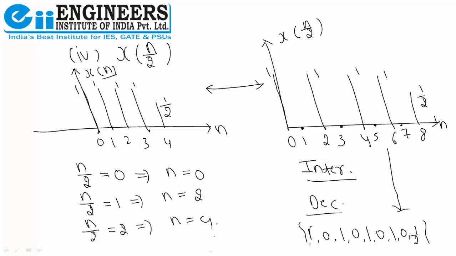So n is equal to 0, 1, 2, 3, 4, 5, 6, 7 and 8. So this is a necessity actually. You should represent the sample n, because if it is 0, amplitude is 0, no problem, but you should indicate that at this sample, amplitude is 0.